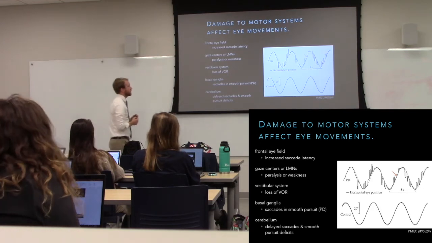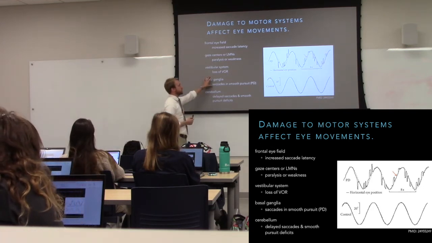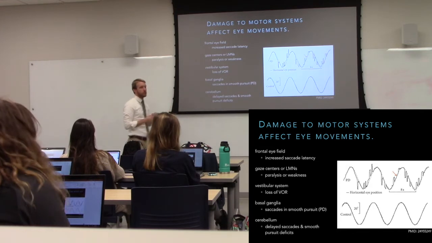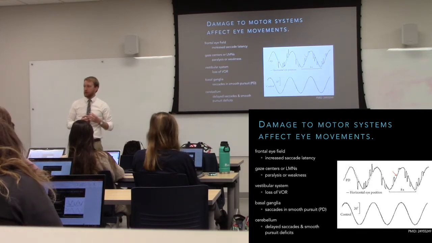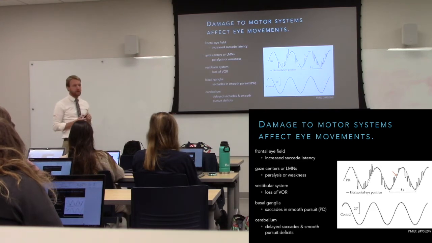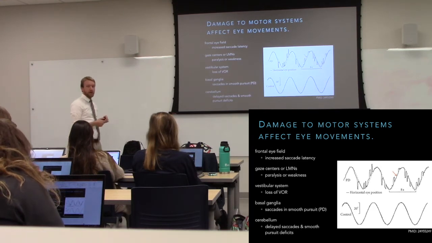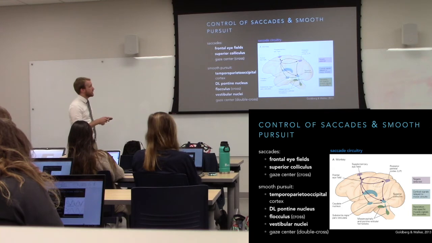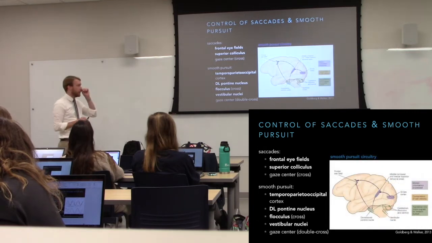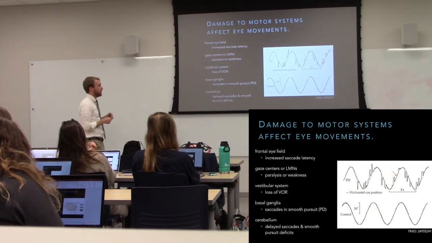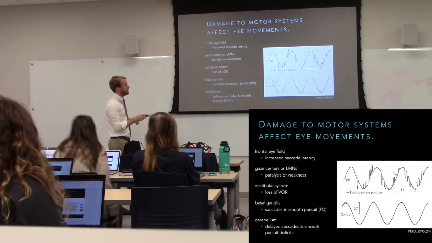I just want to bring the basal ganglia into this, since we haven't touched on this yet, but we will. So whenever we have degenerative disorders that affect the basal ganglia, like Parkinson's disease, we can have difficulties with eye movements. Recall here that the substantia nigra is inhibiting our saccade machinery there. So whenever you have degeneration of those neurons, you get inappropriate saccades.